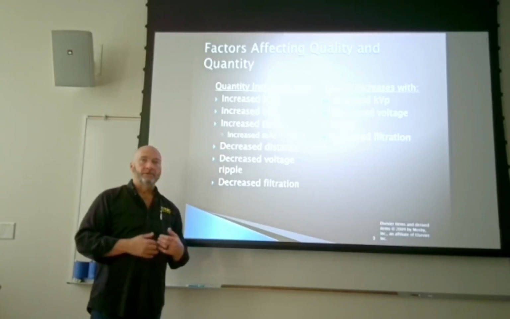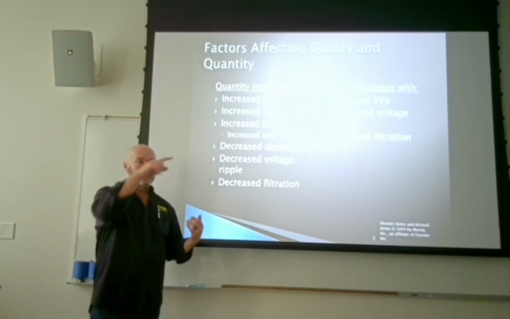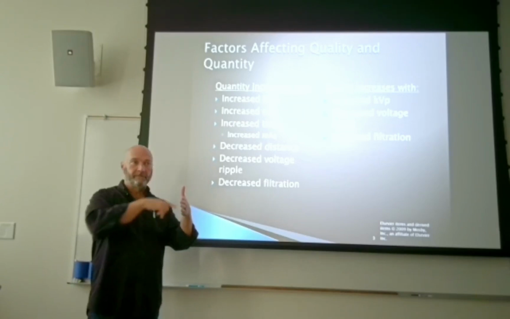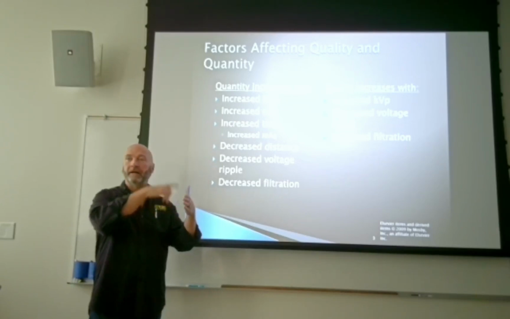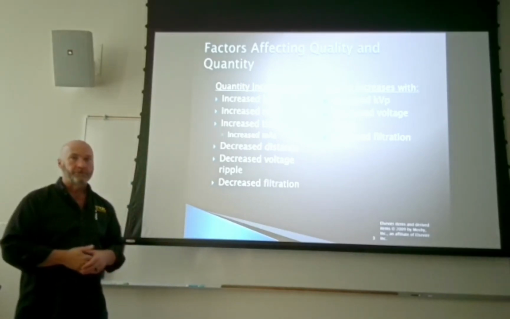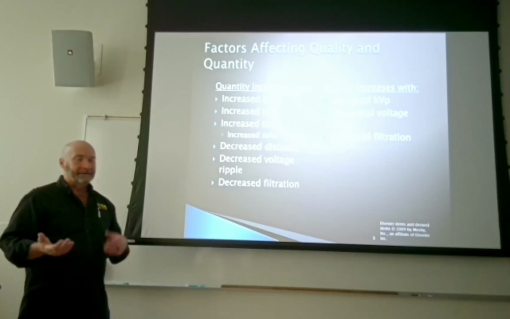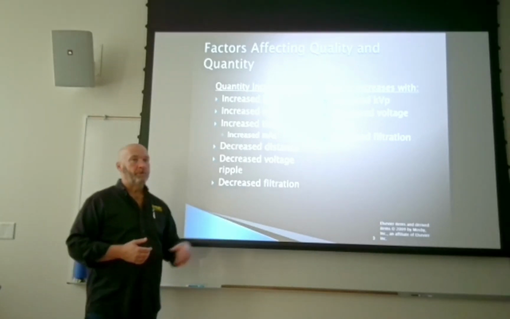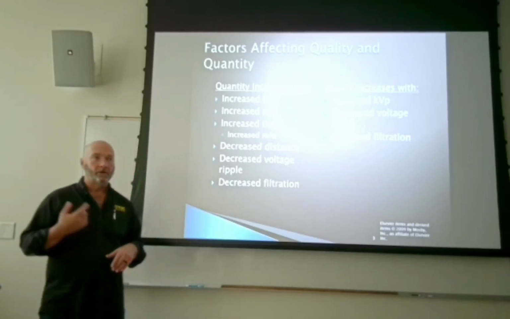The output of the X-ray tube comes to a complete stop at the line with each one of those pulses. Even if it's rectified, it's still going to come to a stop. Any single phase, 100% voltage ripple. Three phase is going to be 14% to 3%. So we have a decrease in voltage ripple. What does that do for our quantity?